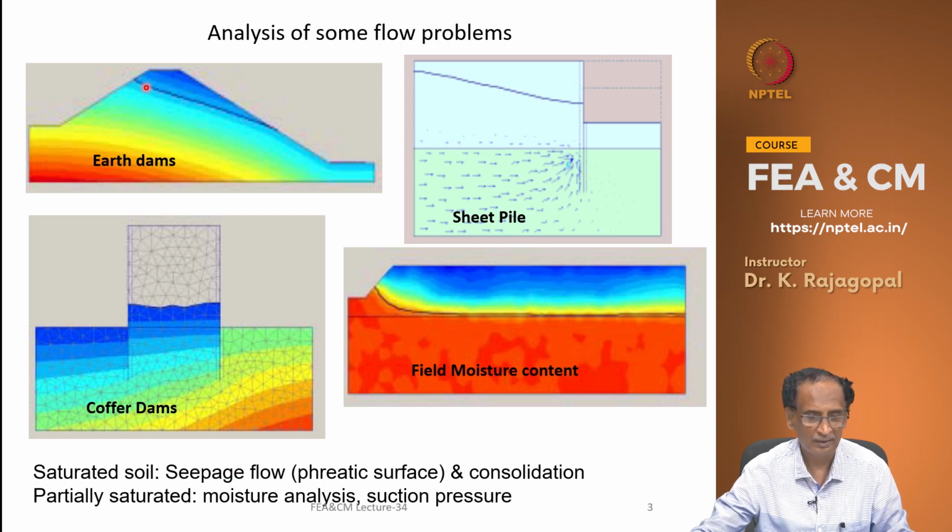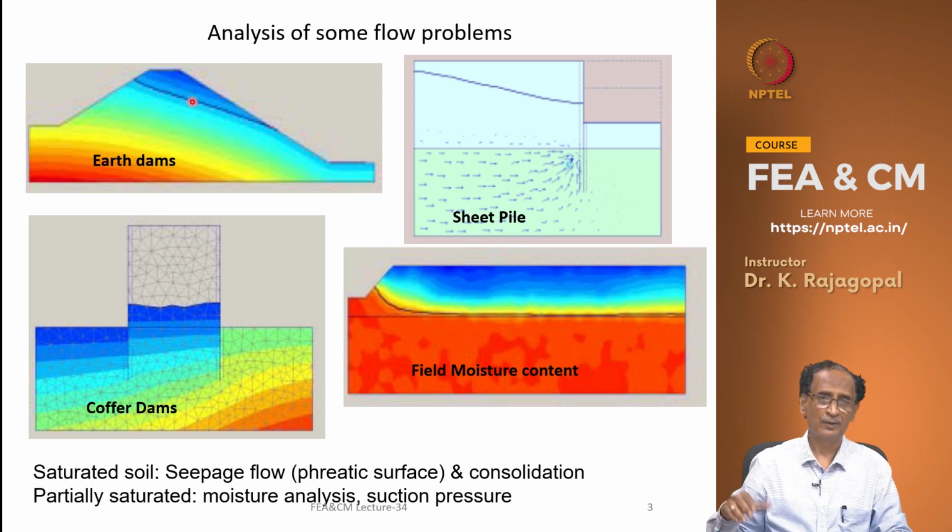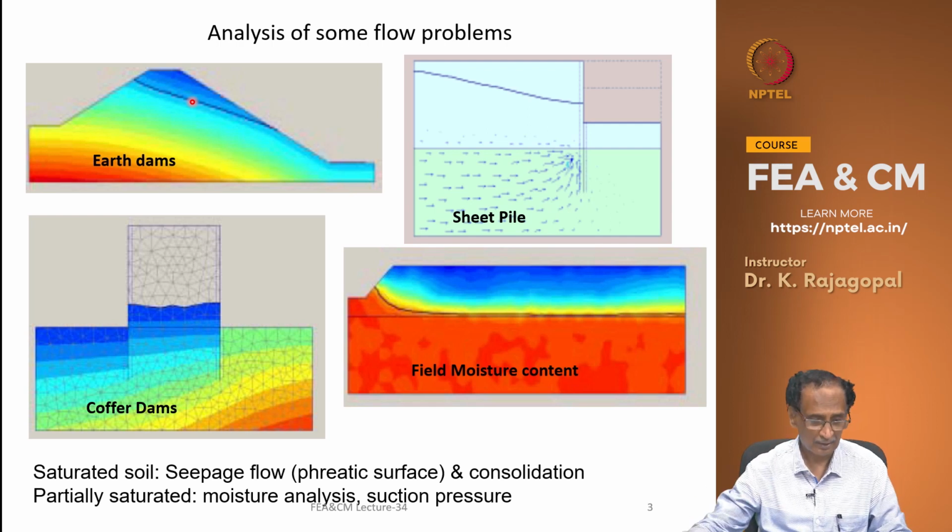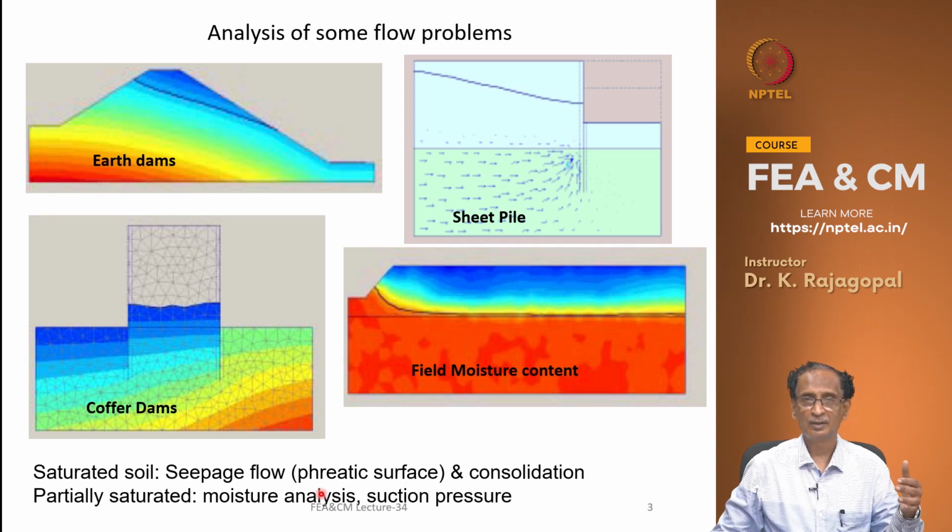In all these, whenever we are doing the seepage, we are interested in knowing the topmost flow line, which is called the phreatic surface or phreatic line, that is exposed to the atmospheric pressure. In the case of partially saturated soils, we would like to determine the moisture and also the suction pressure.